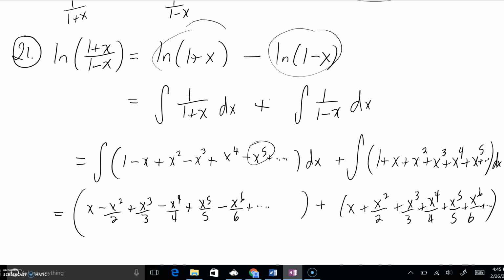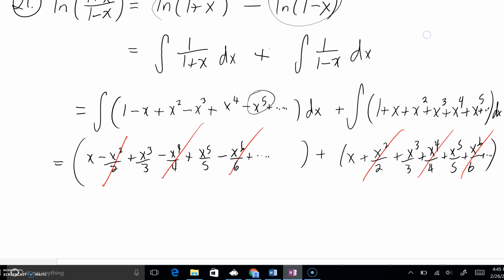But first things first, it doesn't take students long to see that the x squared terms are going to cancel, the x to the fourth terms are going to cancel, the x to the sixth terms are going to cancel. In fact, all these even powers of x are going to cancel out. What are we going to be left with?